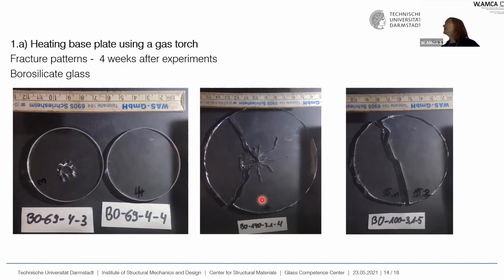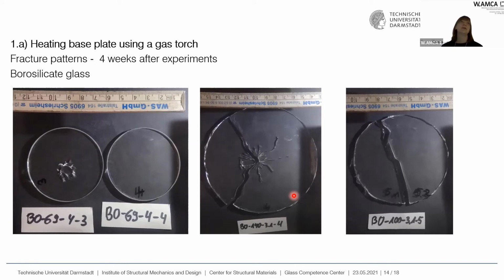And so we observed specimens that broke directly in the experiment, like this one on the right side. And we have specimens that broke, we guess, up to a week after the experiments, but we only had time to look at the glass specimens 4 weeks after the experiments, and those cracks grow.